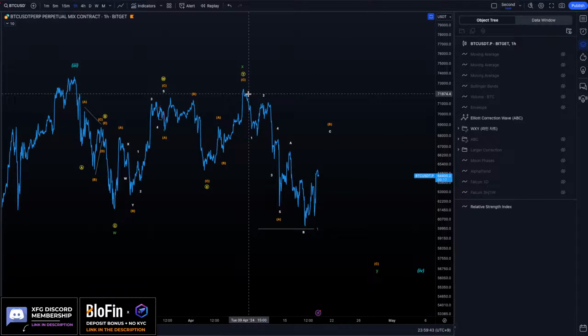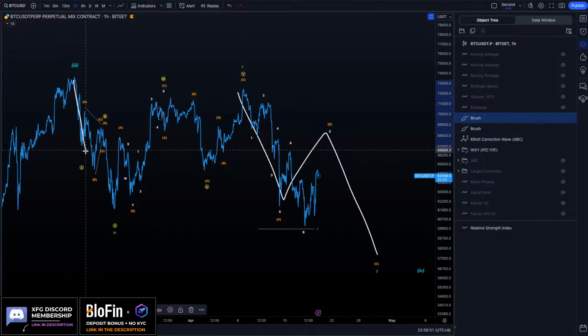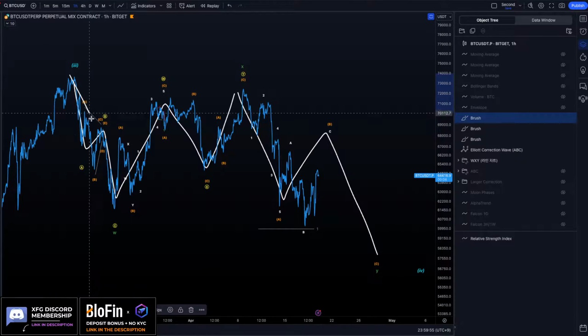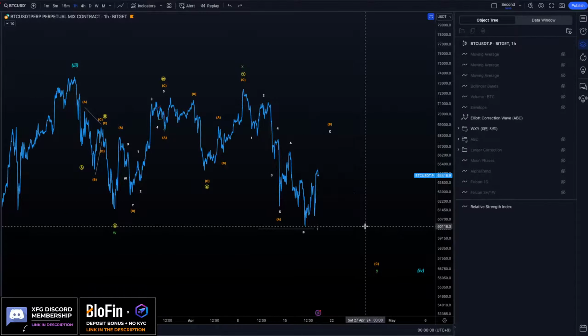So a relatively good looking structure, if you're going to be asking me, if we're going to be bearish. This, this, and this would eventually create the larger double zigzag scenario. So that is the bearish idea.